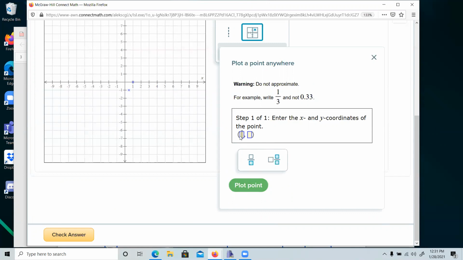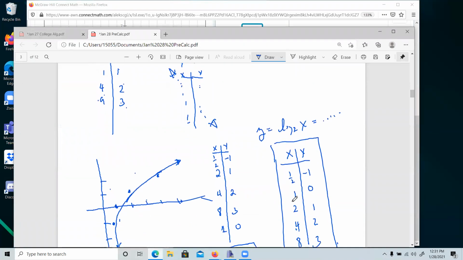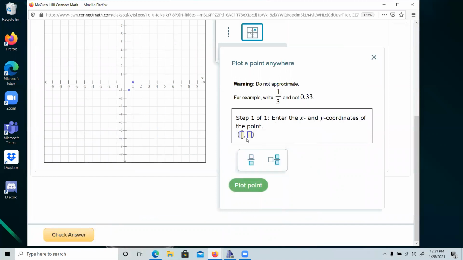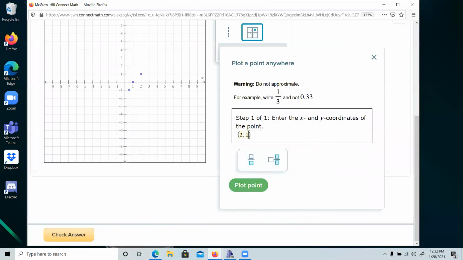So that was X. What am I doing here? We are looking at 1/2, 1. We have 2, 4, and 8. There we go. So we have 2, and that was, there we go, 1, 4, and 8.